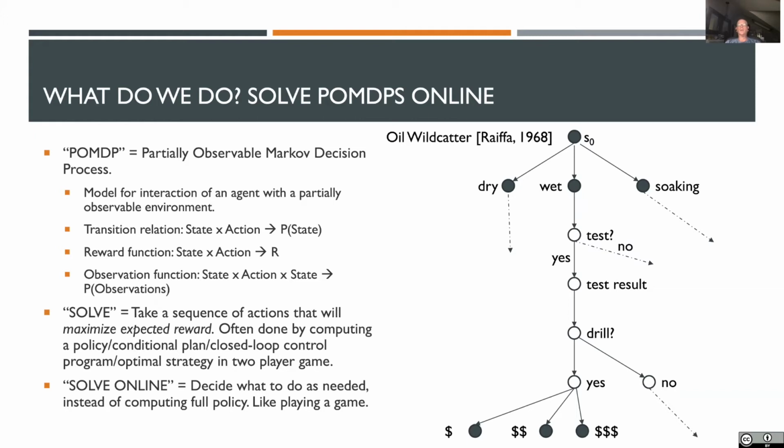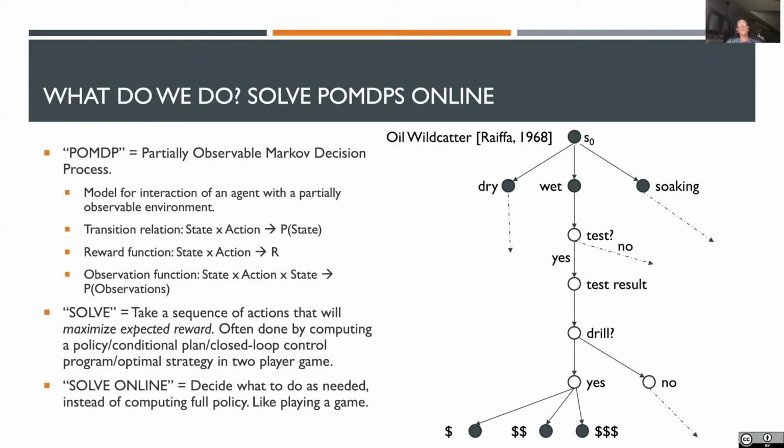If they do so, they'll make an observation that's a stochastic function of the oil field state, so it will give information about the likely oil field state. After testing or not, the wildcatter chooses whether or not to drill. If they drill, they incur a further cost and receive a reward that's a function of the oil field state.